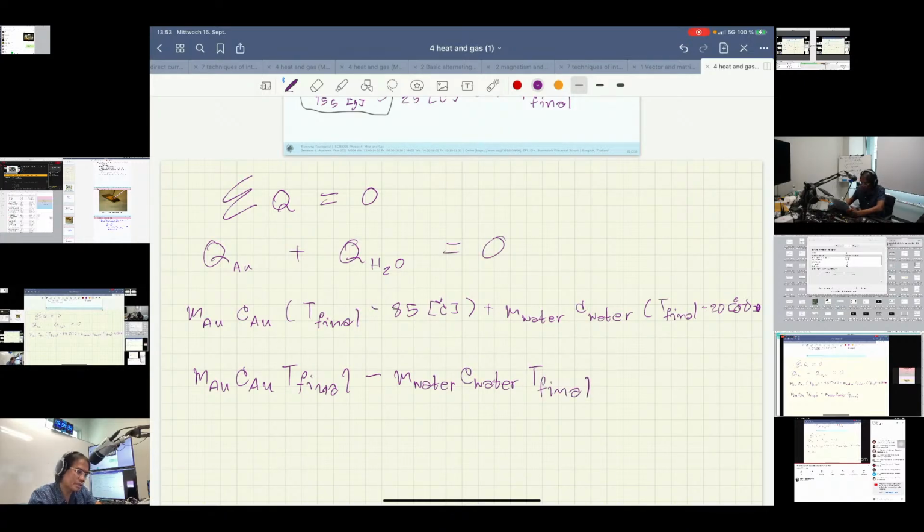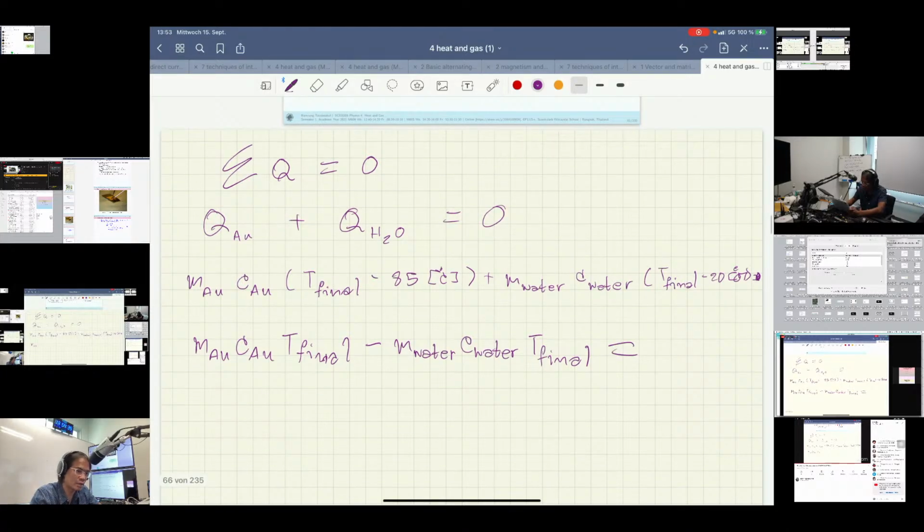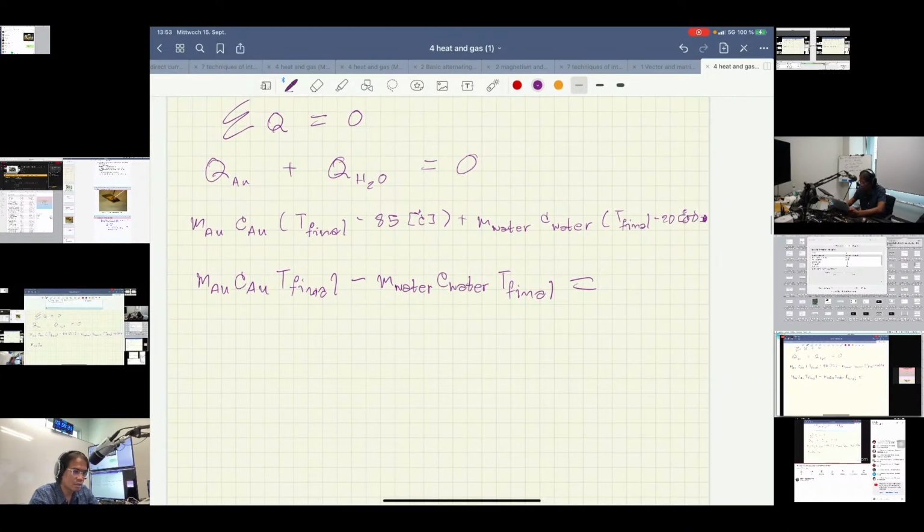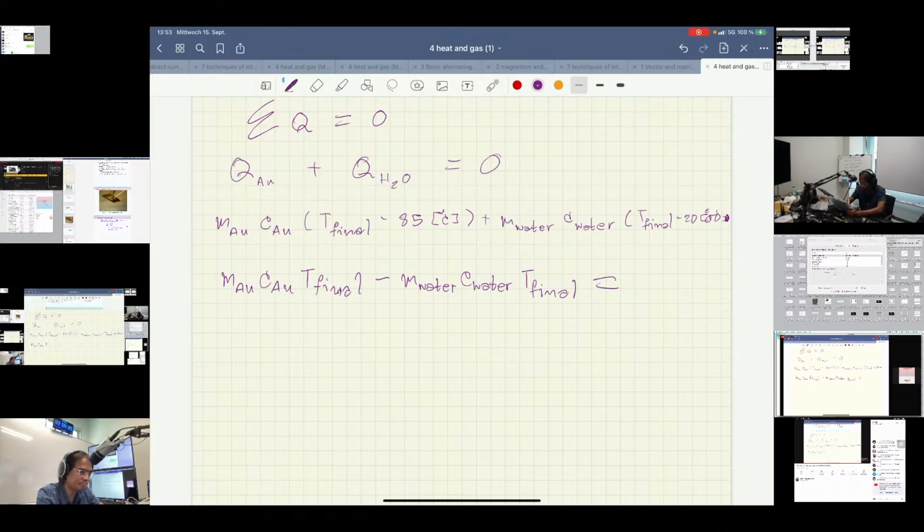Okay, that's the expression on the left hand side. On the right hand side, we are going to have mass of Au, C Au, and the number 85, plus mass of water.